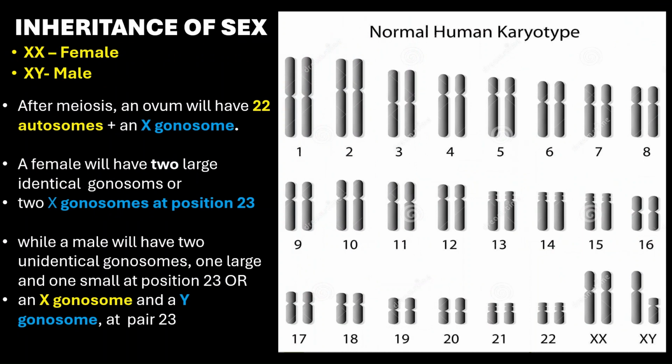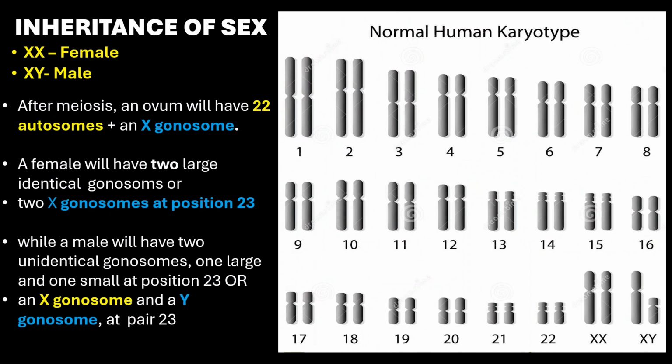You only say that if the letters X and Y are not given. If the X's are there, you can simply say a female will have two X gonosomes at position 23. You don't say a female will have two X chromosomes if it's not given to you in the exams.